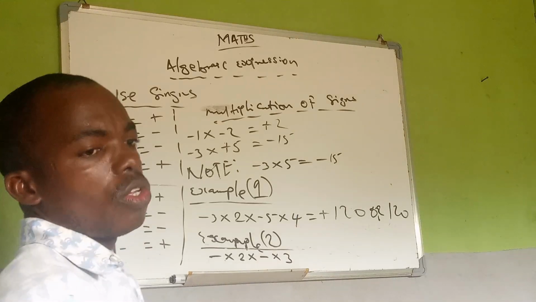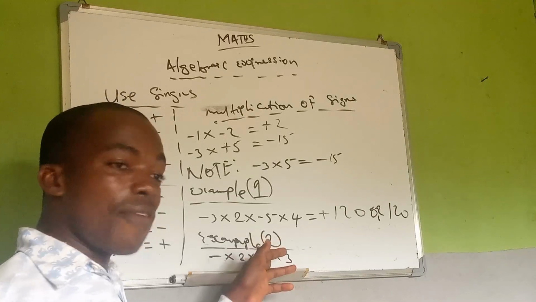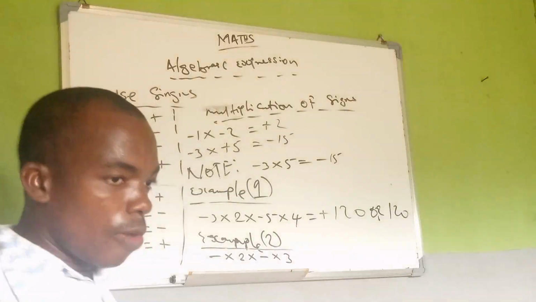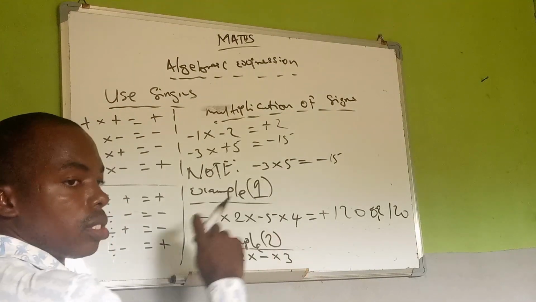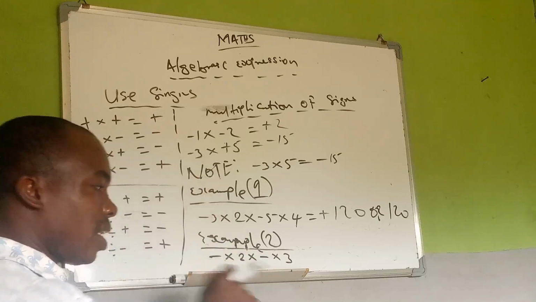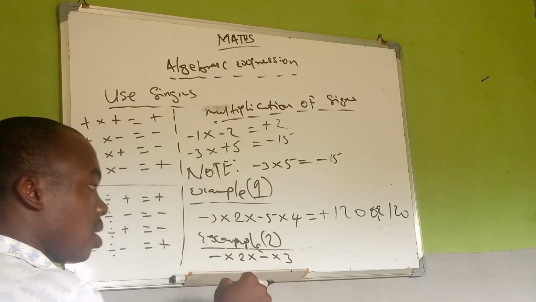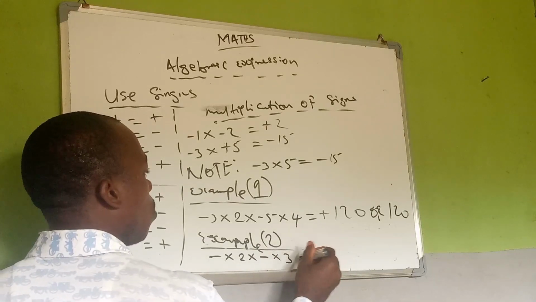You don't need to be told that this minus has an unseen 1 at the back. The first thing we do is the signs, and this one is having plus. So minus times plus is minus, minus times minus is plus, plus times plus is plus.